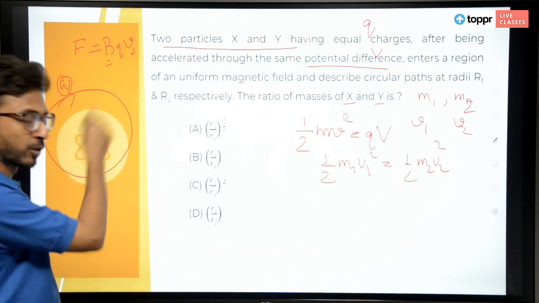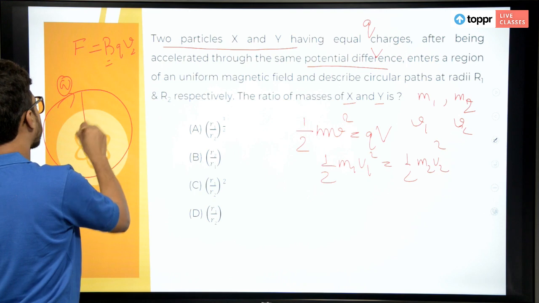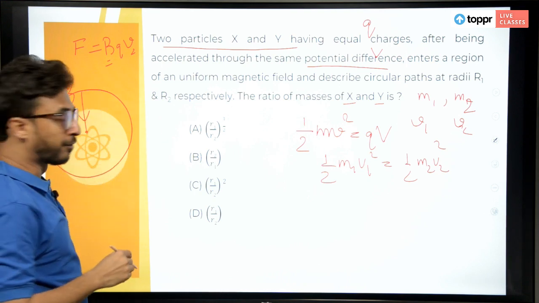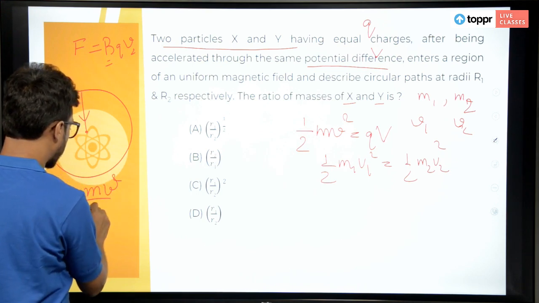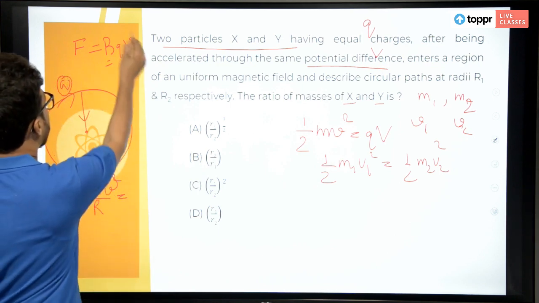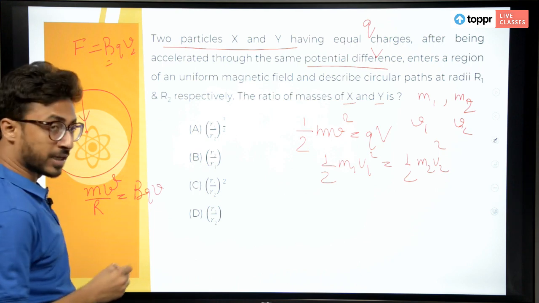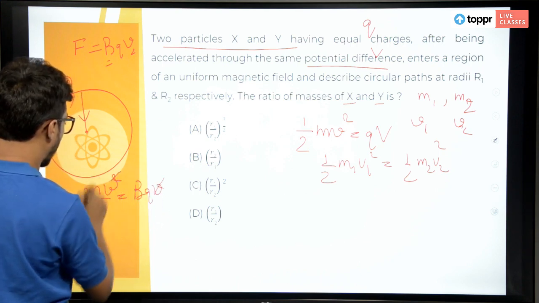It goes through a circular path. When it goes through a circular path, the centripetal force, which is given by m v square by r, is balanced by this force, that is BQV. Right. So, we can find out how the radius is dependent.